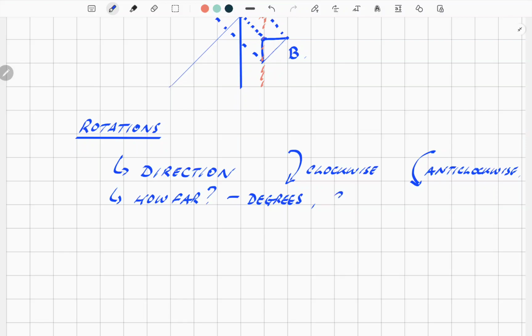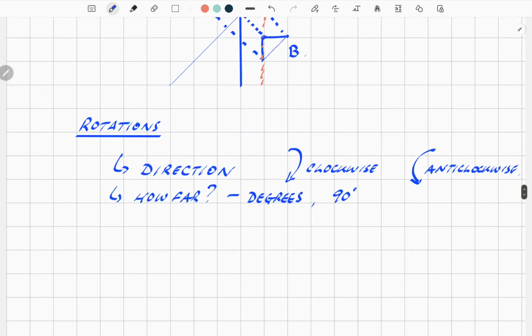So for example, 90 degrees, that's like a quarter turn. 180. Usually in GCSE, you'll get 90 or 180. But yeah, you could even have 270, or any other angle in between. But those are the most common ones, 90 or 180.